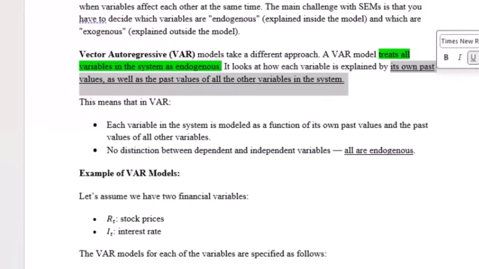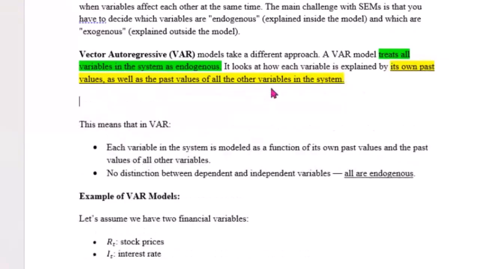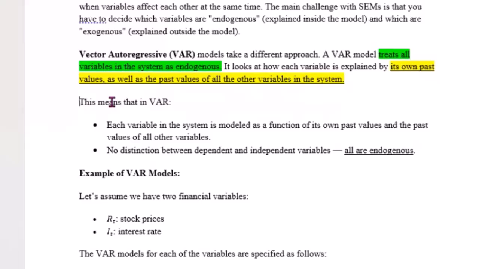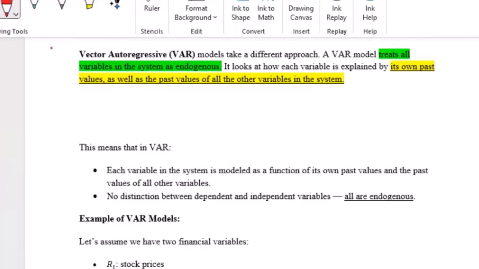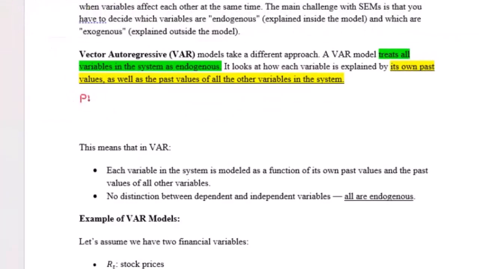So when you talk about vector autoregressive models, we are trying to see how a variable is explained by its own past value and the past values of other variables. So for instance, let's assume we have price.